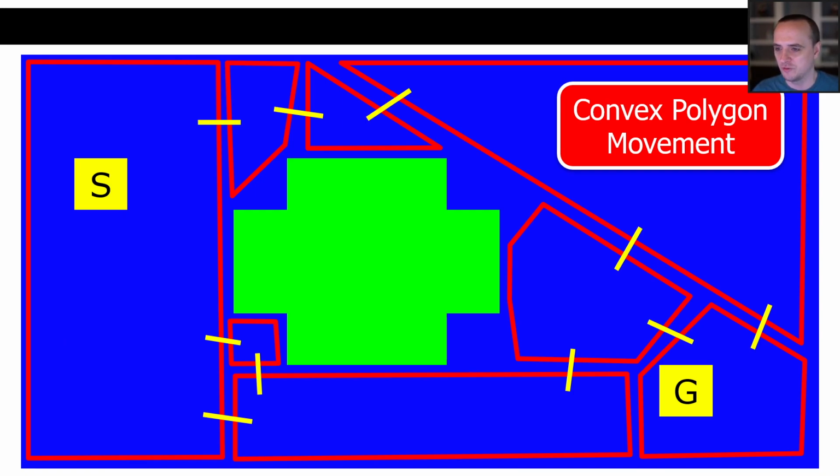For example, if we have a starting location over here on the left, we know we have to get over here to our goal on the right, but it's not in the same polygon. So we would have to look at some level and say, okay, this polygon is connected to this polygon, which is connected to this one, which is connected to this one. So our path might look something like this, where we go down here, then we go up, then we go down, and finally to the goal location, okay?